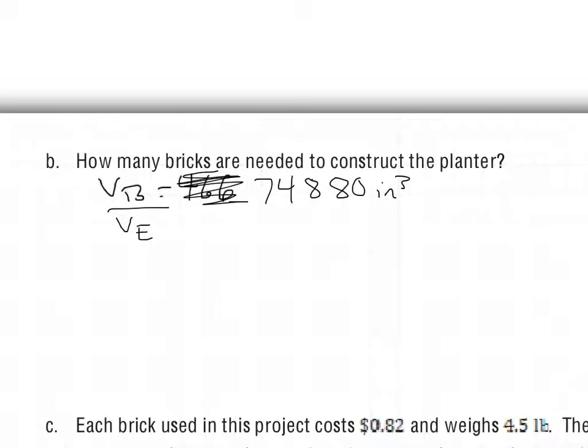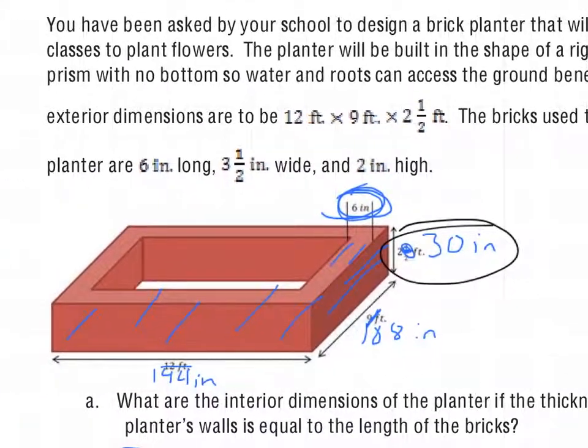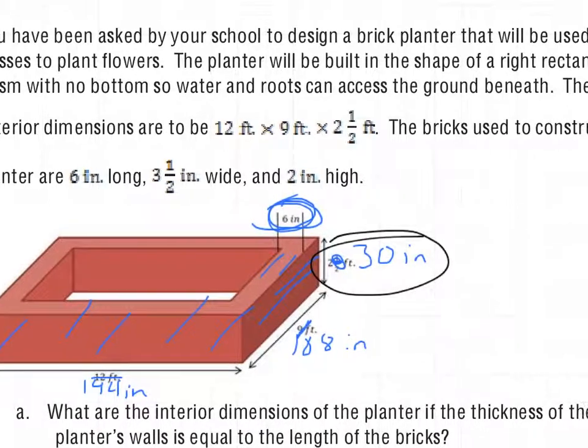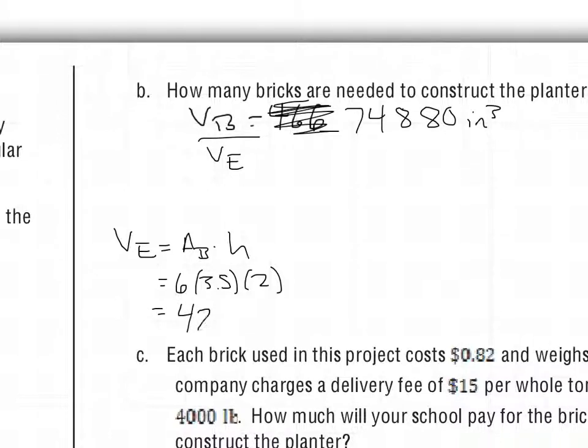So we need to find the volume of each brick. Well, we know the dimensions of each brick are 6 inches by 3.5 inches by 2 inches high. So the volume of each brick is the area of the base times the height. Well, that's 6 times 3.5 times 2 is the height. When we calculate that out, we get 42 cubic inches.